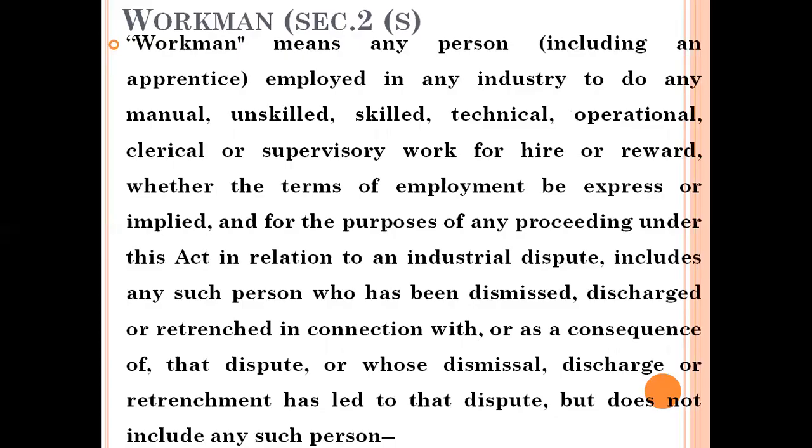So according to section 2 subsection S, workman means any person including an apprentice employed in an industry who is performing either manual or skilled or unskilled or technical or operational or clerical or supervisory work.